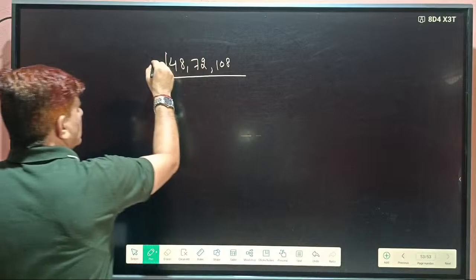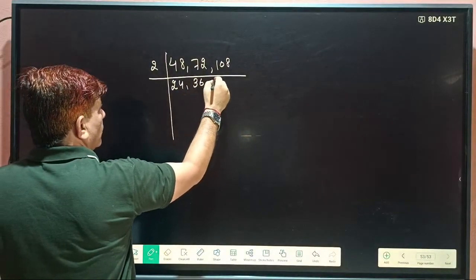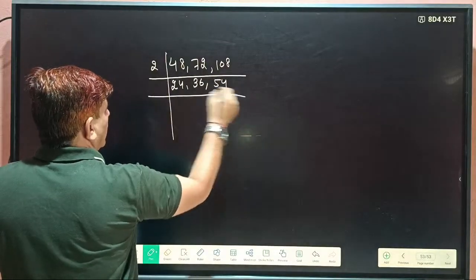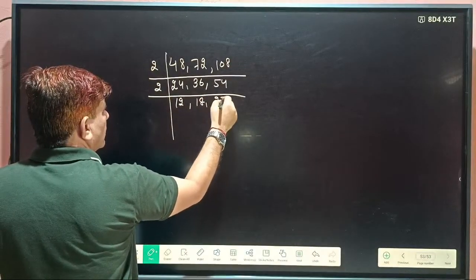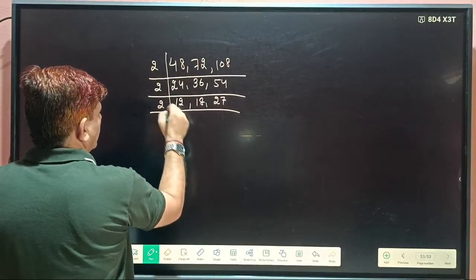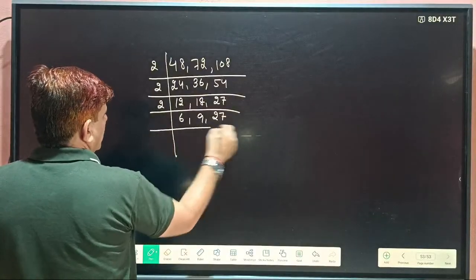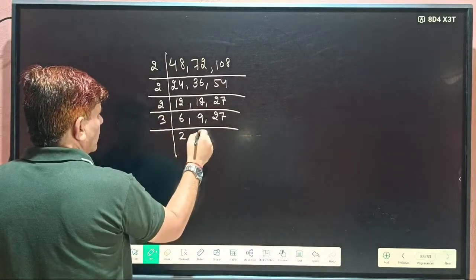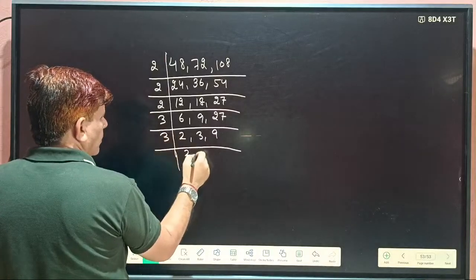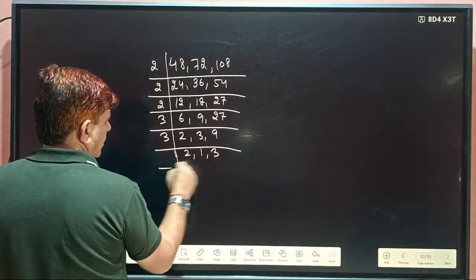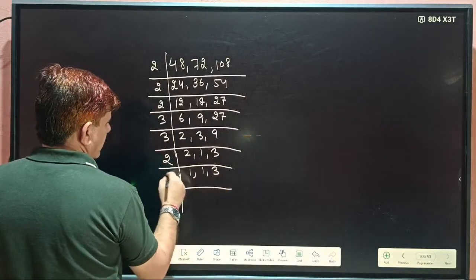Divisible by 2, yes: 24, 36, 54. Again by 2: 12, 18, 27. Again by 2: 6, 9, 27. With 3: 2, 3, 9. Again with 3: 2, 1, 3. Again with 2, again 3.